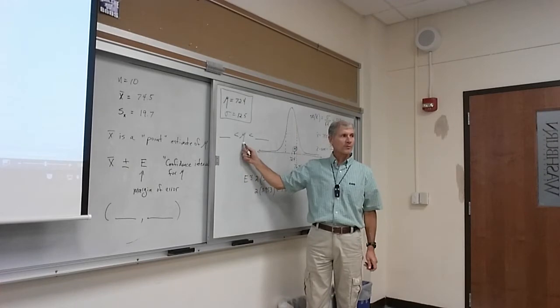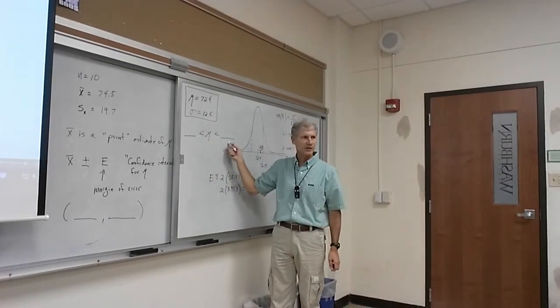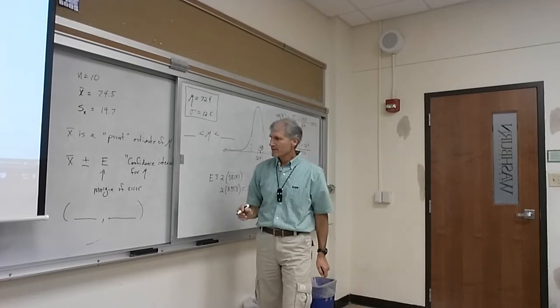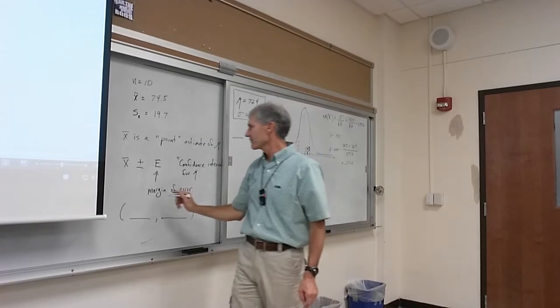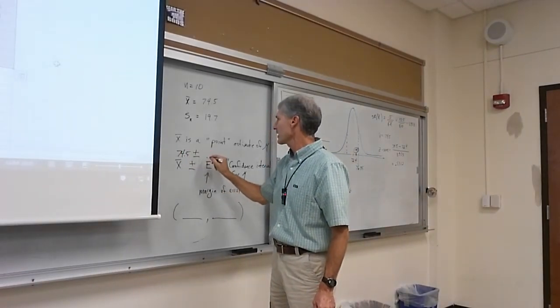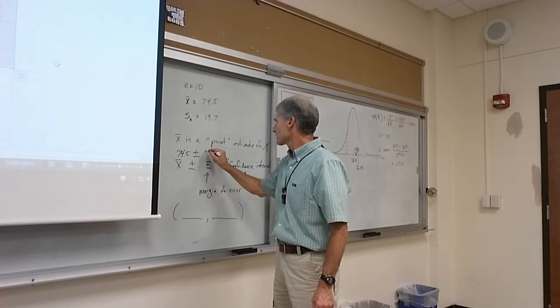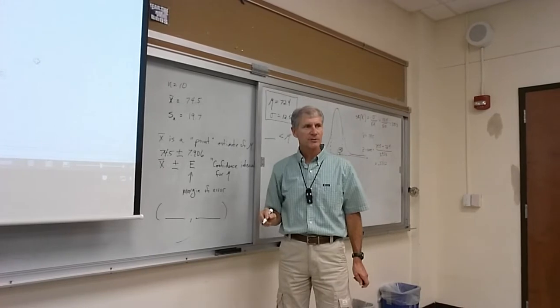So it's an interval for mu. Mu should be between whatever number goes here and whatever number goes there. Either way is fine. All right, so x bar is 74.5. So that's 74.5 plus and minus 7.906. Anybody got those numbers for me?